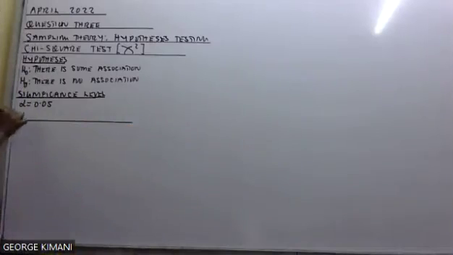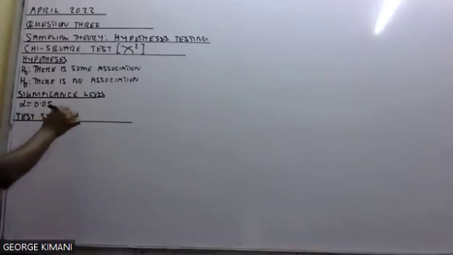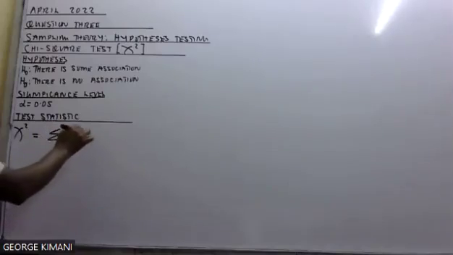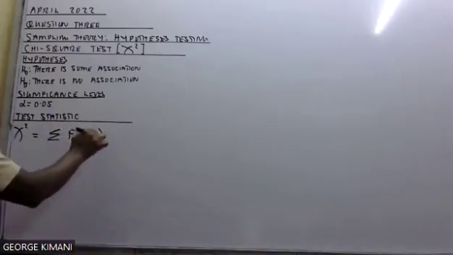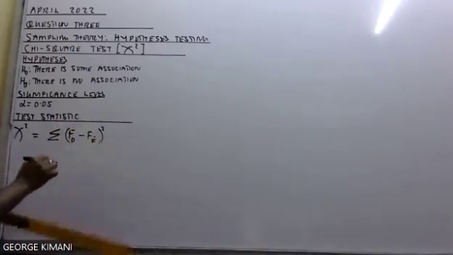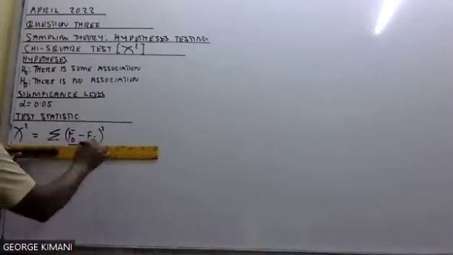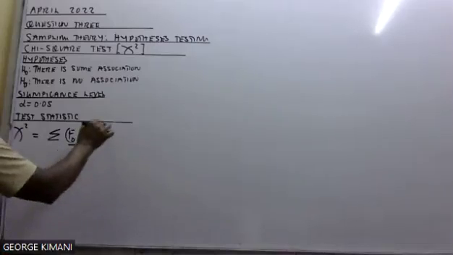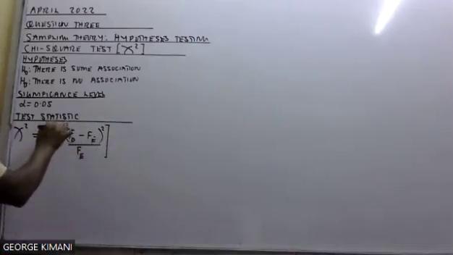The next thing is test statistic. Now, test statistic chi-square is given as sum of F naught minus FE, you square this, you divide by FE. That is how we get the chi-square.